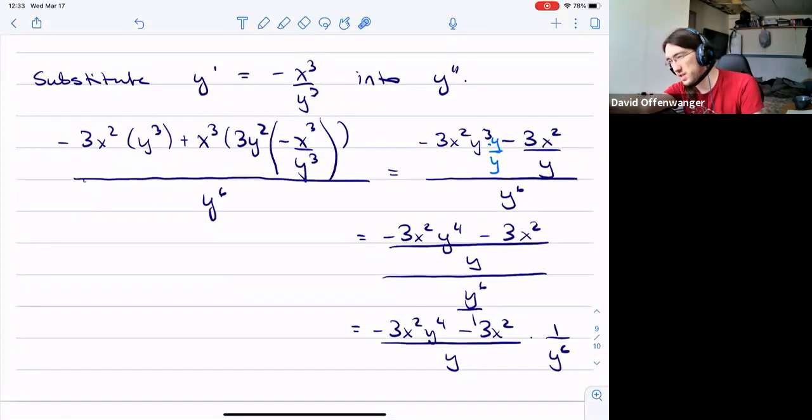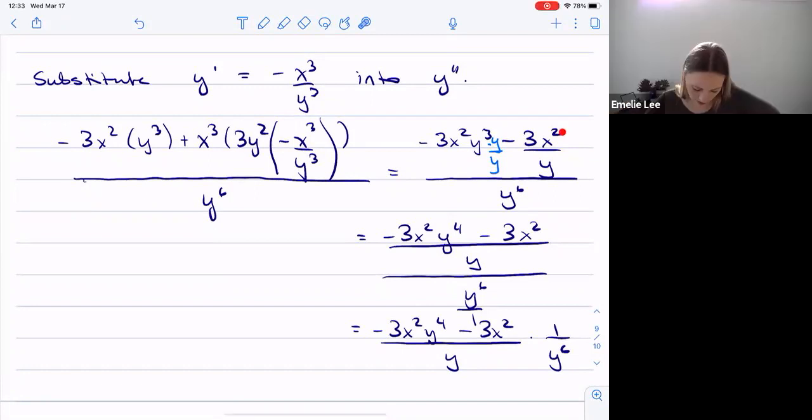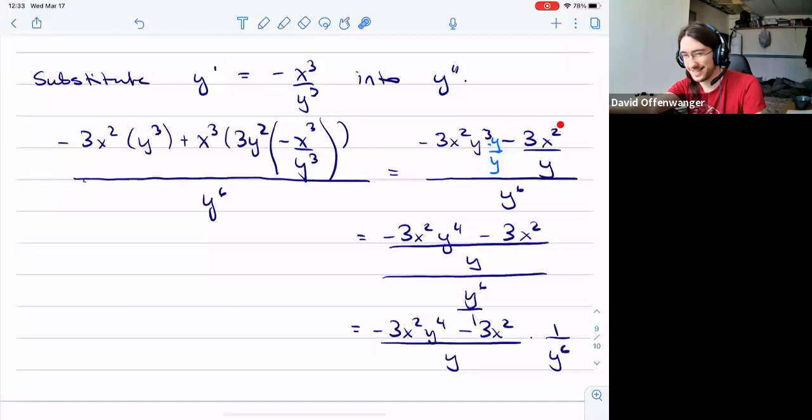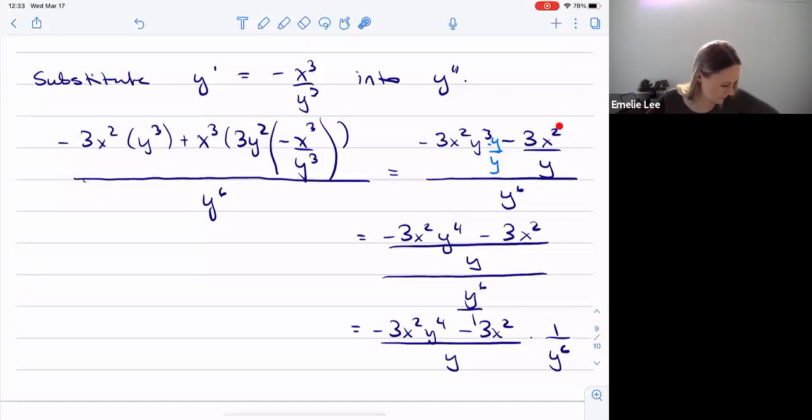Yeah, how did you get x squared in that second bit? Maybe I didn't. Should be x to the 6. Yeah. And it is. Good to know.